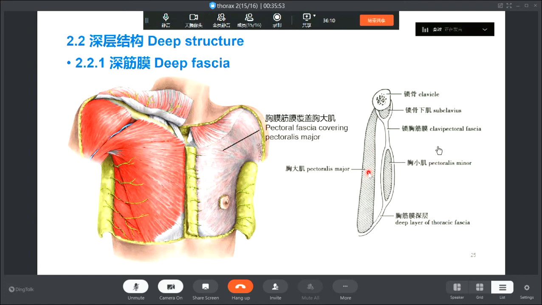If you use a knife to cut this part, this black line is the pectoral fascia, and then this part is the pectoralis major. If you cut through this muscle, we can see the second layer of this part. And then they have the clavicle, the muscle, and then this deep layer. So this part is the pectoralis minor.